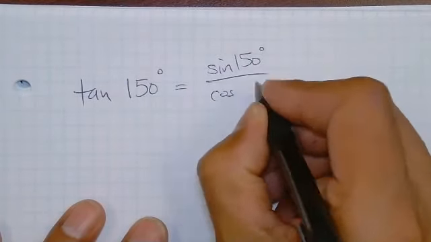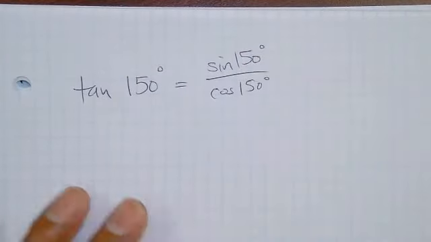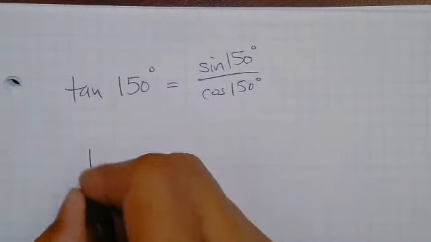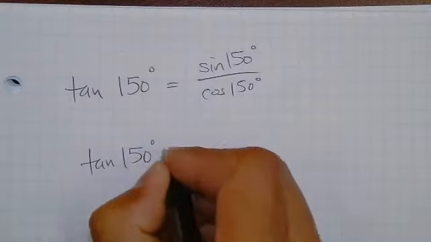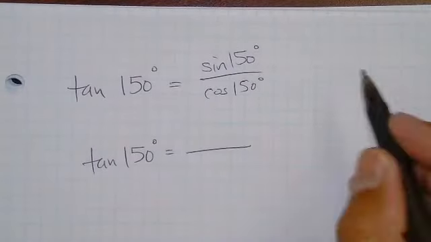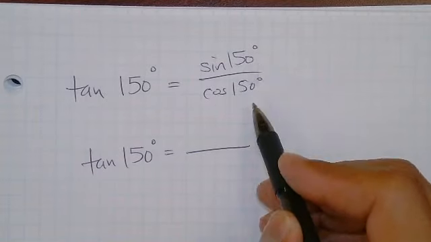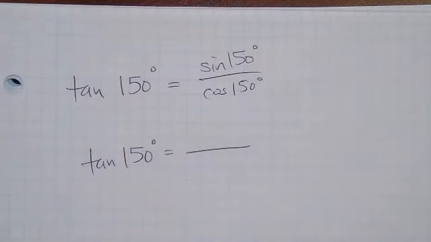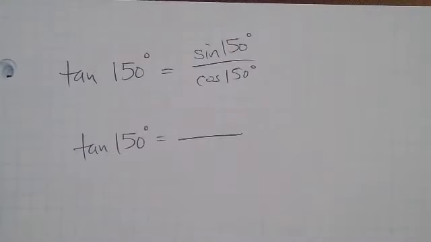Tangent of 150 degrees is going to be, well, sine of 150 degrees divided by cosine of 150 degrees. Sine over cosine. Which is going to be what? Well, I got to look at the unit circle, right? Go to the unit circle and find out what this is and what this is and put it in the right place.